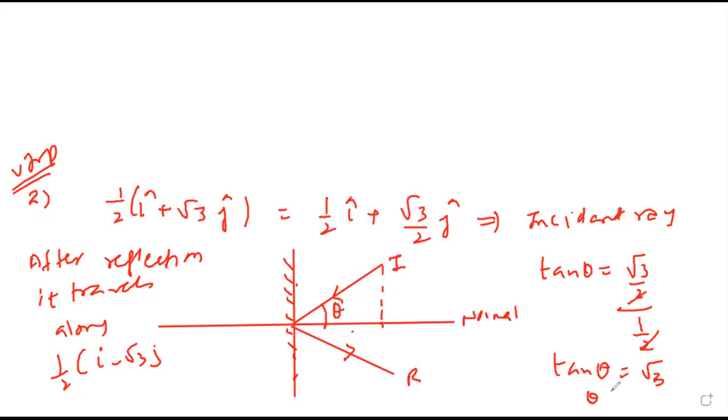So therefore theta is what? 60 degree. Theta is 60 degree. What is the answer? 60 degree is there? C is the option.